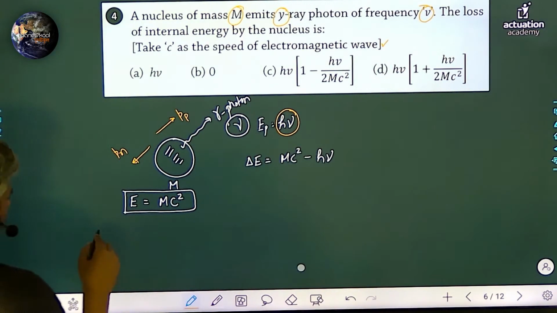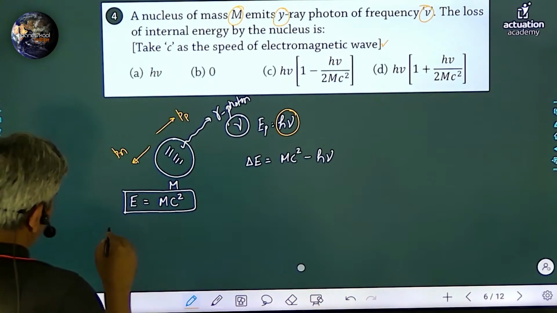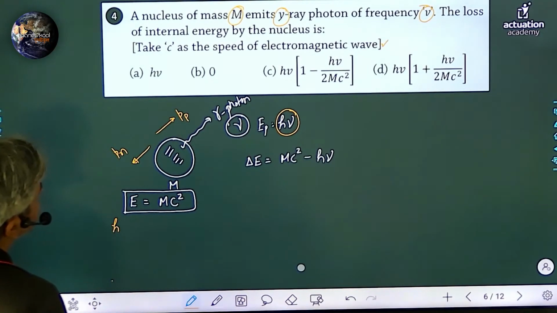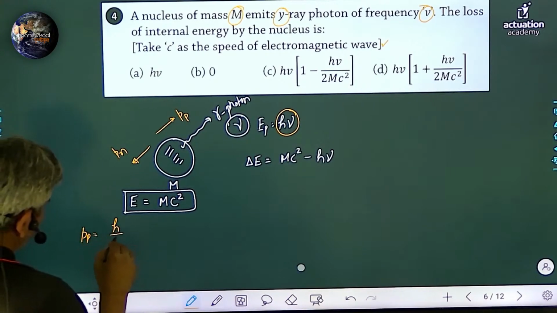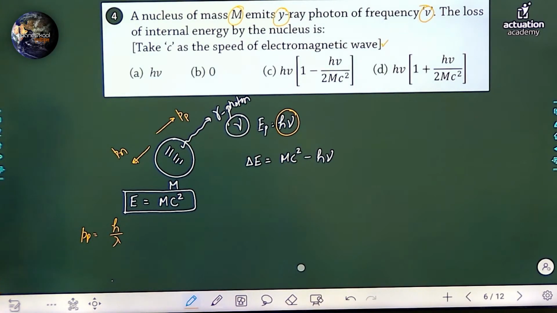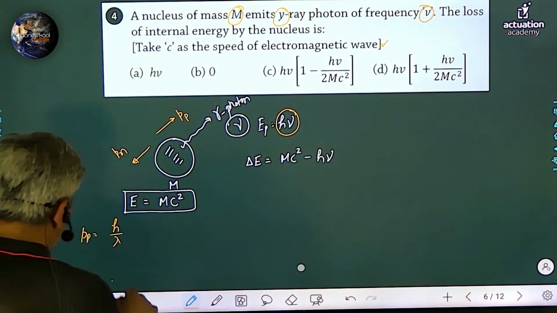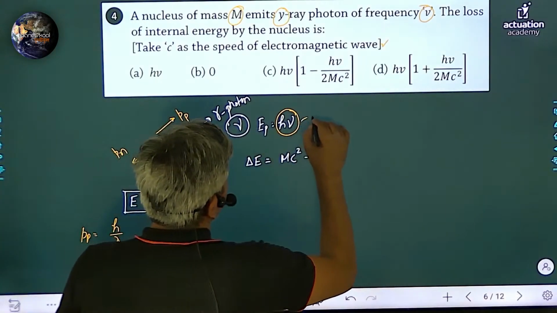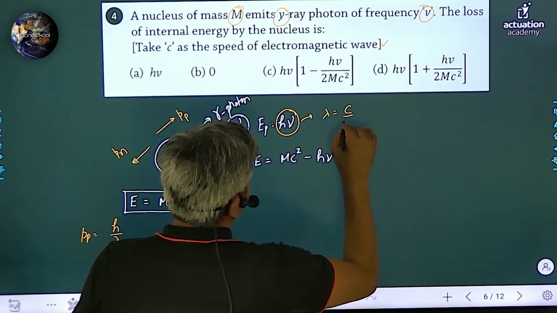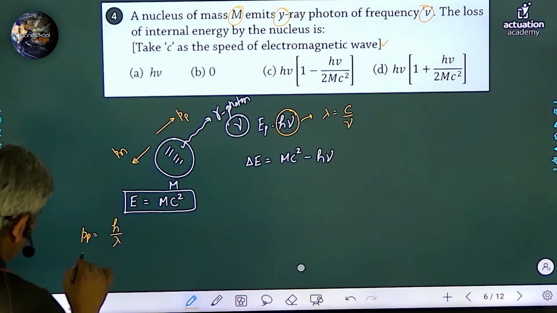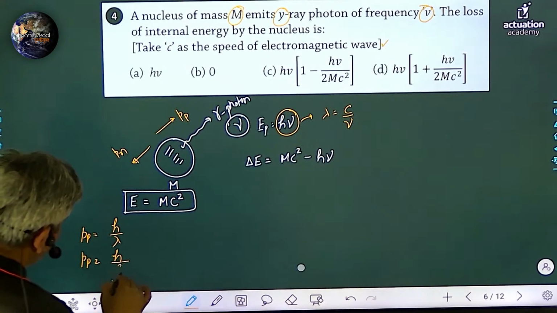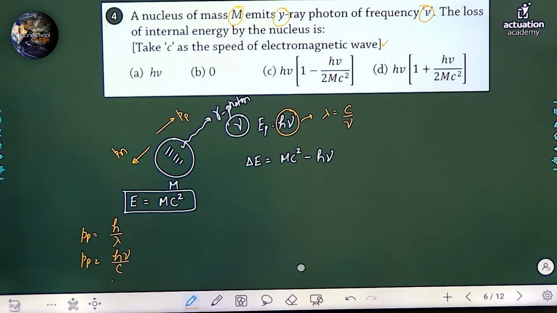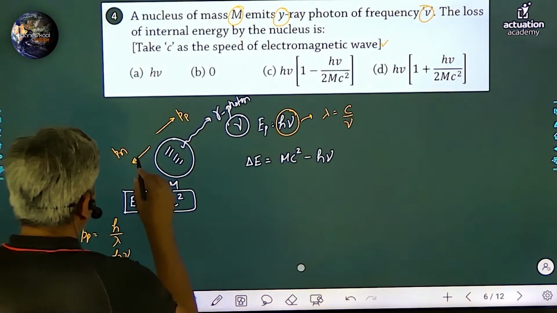So the momentum of the photon can be written as h by lambda, and lambda can be written as c by nu. So the momentum of the photon is h nu by c.